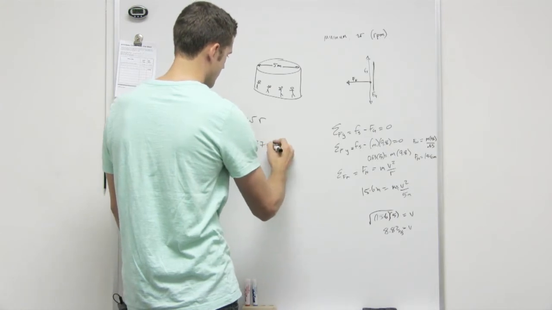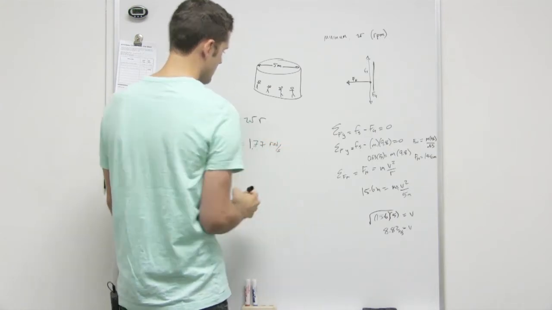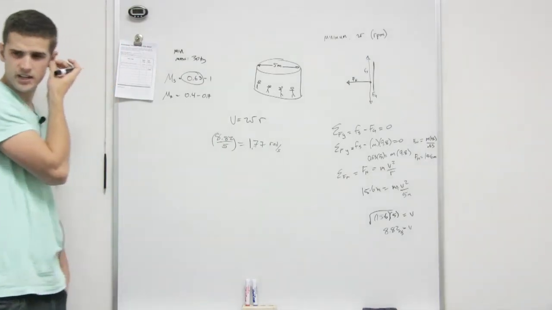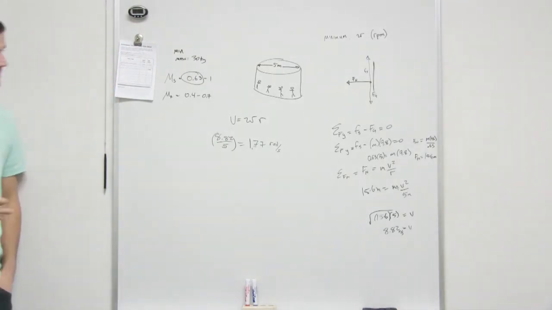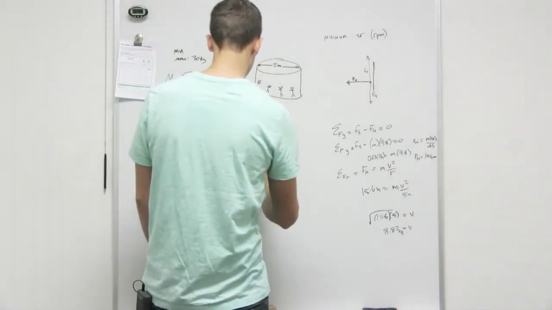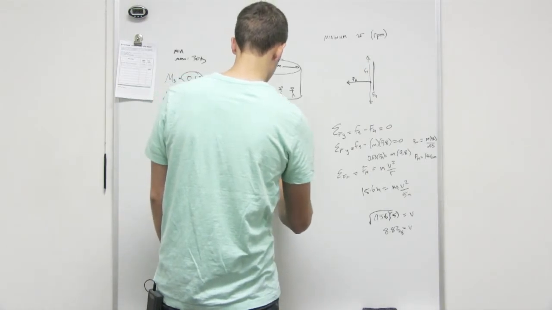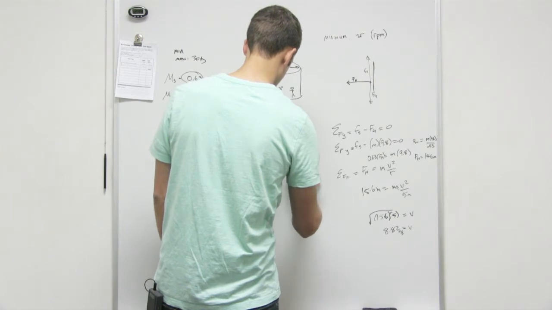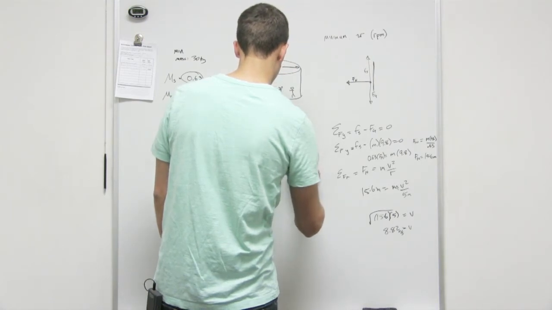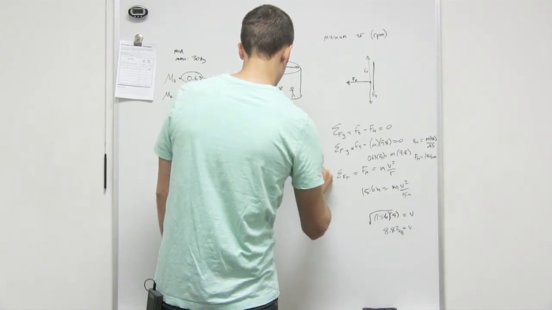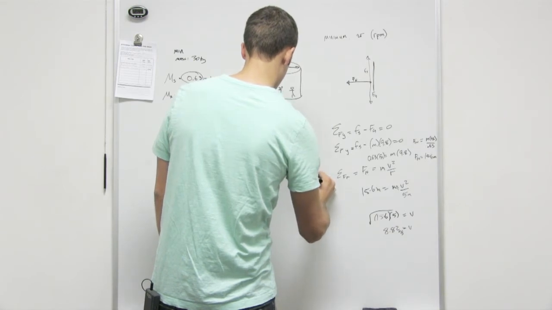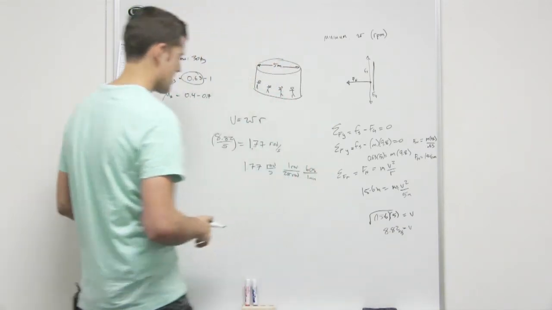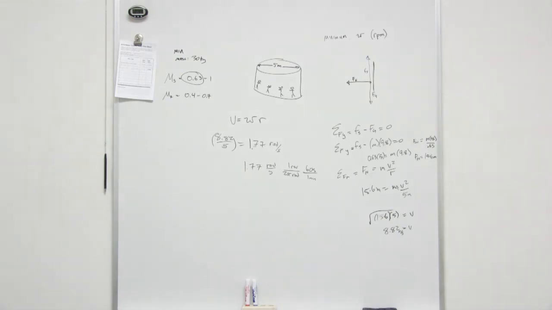That's your omega in radians per second. Okay, so we've got to get it in rotations per minute? Yep. So we times it by 60. And divide it by 2 pi. Yep.